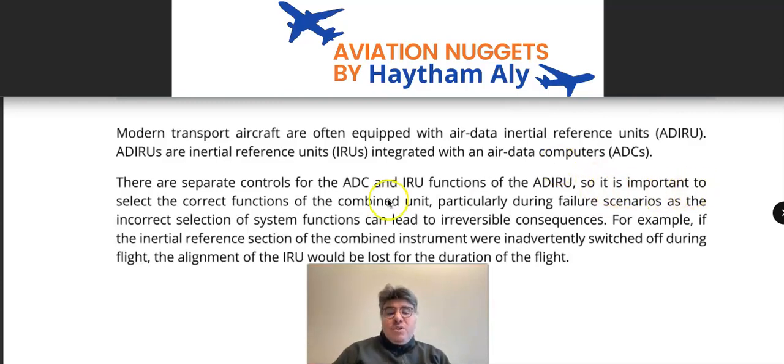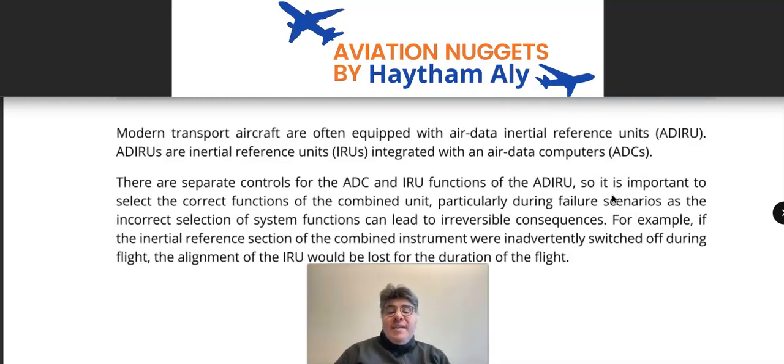So it is important to select the correct function of the combined units, particularly during failure scenarios. Because maybe in ADIRU 1, only the air data part fails. So in that case, you need to switch air data 3 or standby air data to replace air data 1.